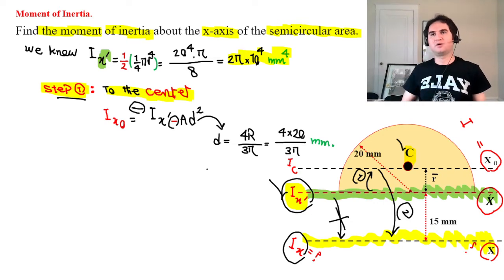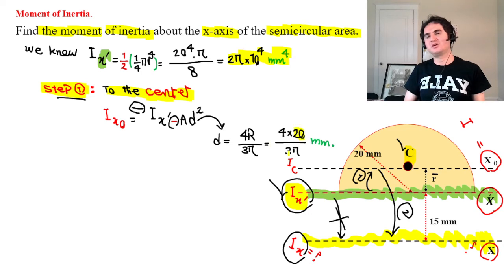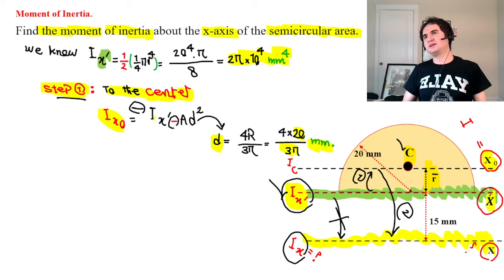Our radius is 20 millimeters, so that's 4 times 20 over 3 pi. That's our r bar, or d, between x prime and x naught. So Ix naught again is Ix prime, which we already calculated, minus the area of a semicircle times d squared, which is just 80 over 3 pi.